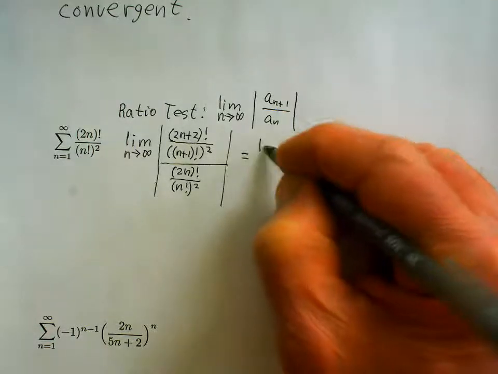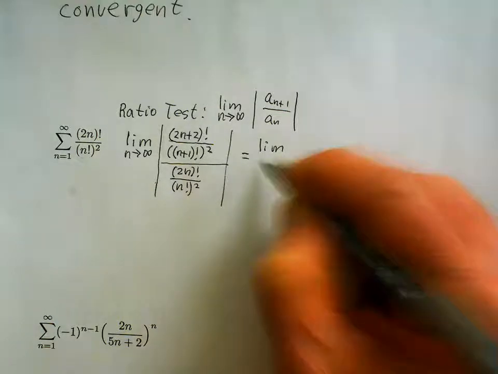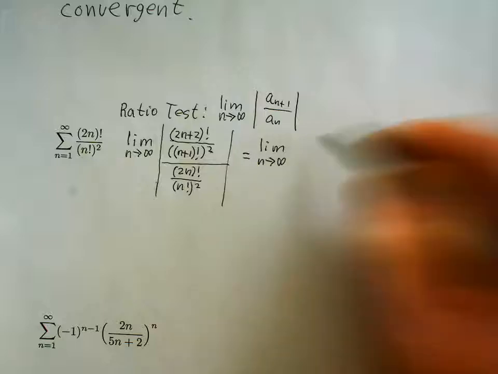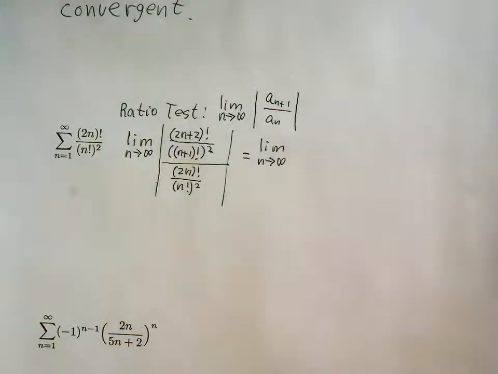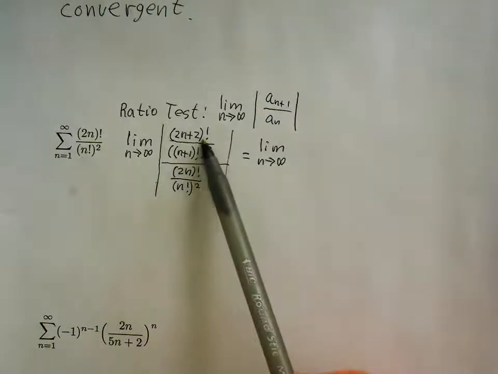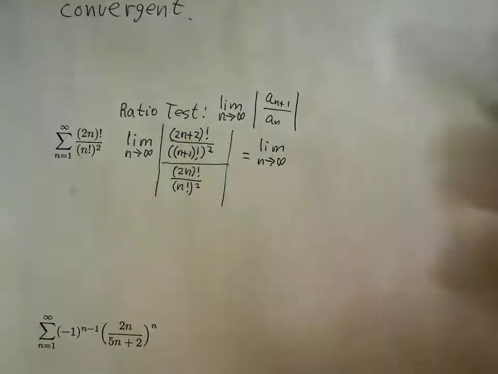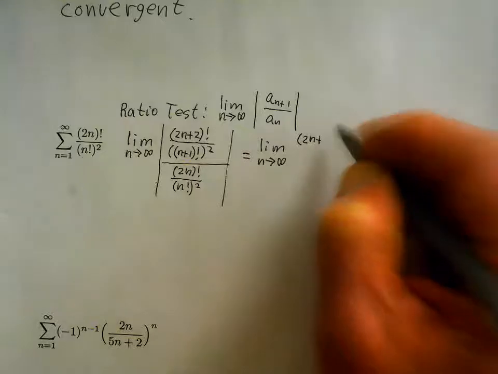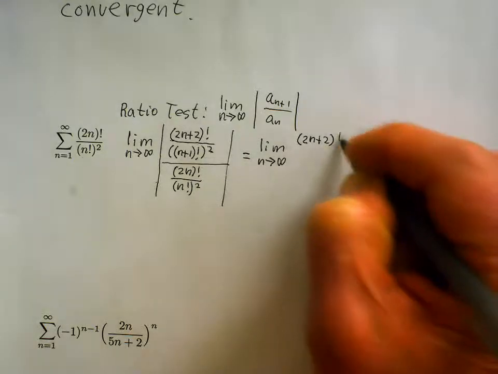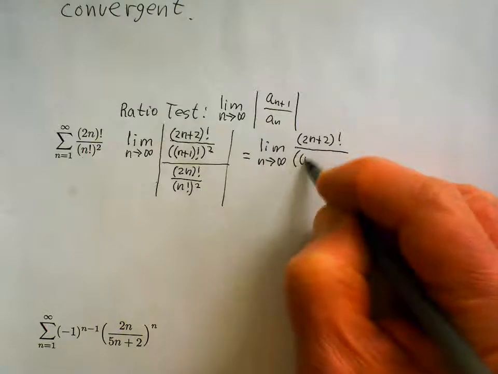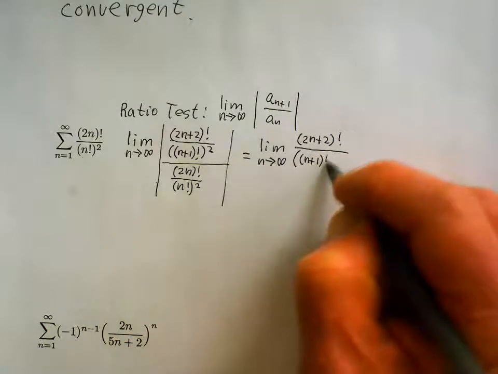In the next step, let's omit the absolute values. Let's just write 2n plus 2 factorial over n plus 1 factorial squared.